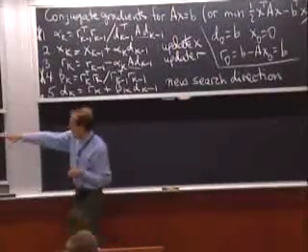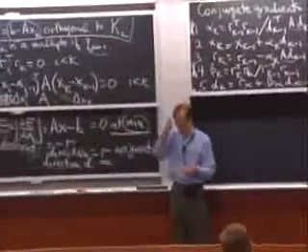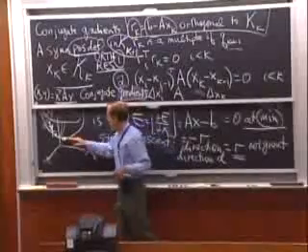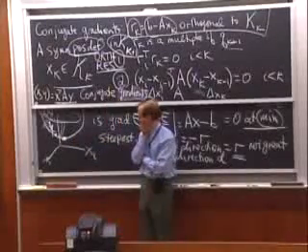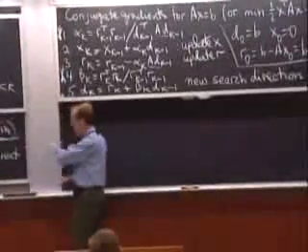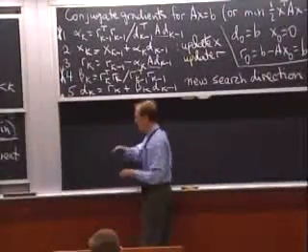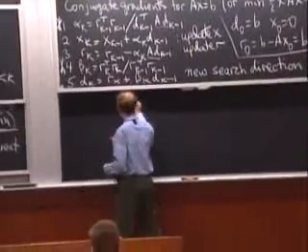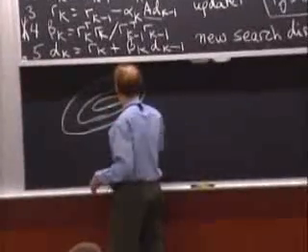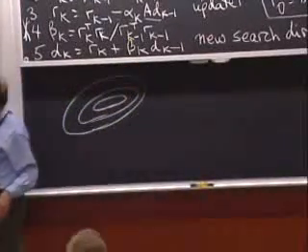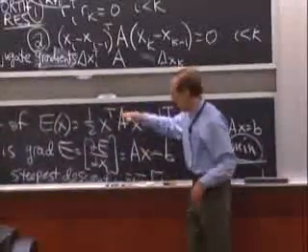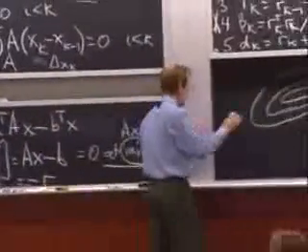I want to try to draw this search for the bottom of the valley. So I'm going to draw that search by drawing the level sets of the function. Since my function here is quadratic, all the contours, the level sets, will be ellipses.